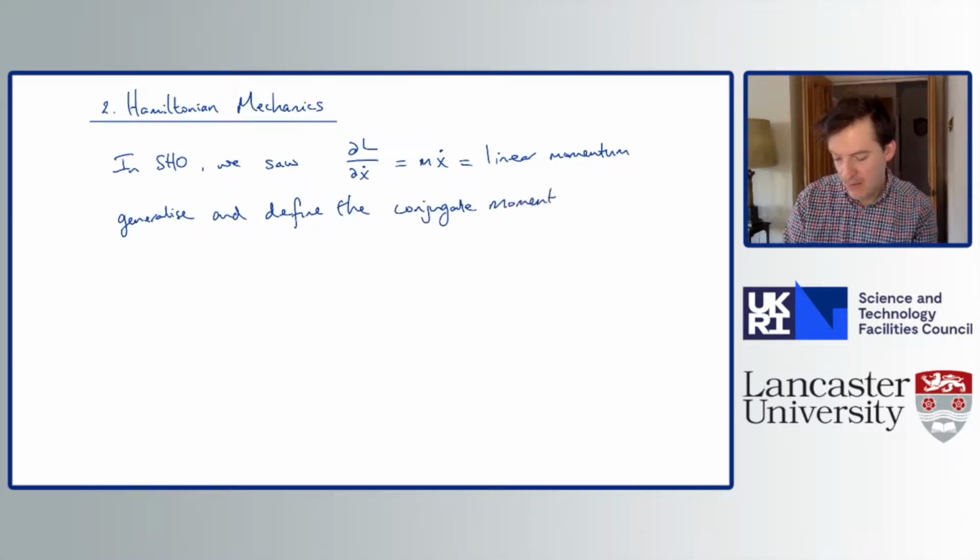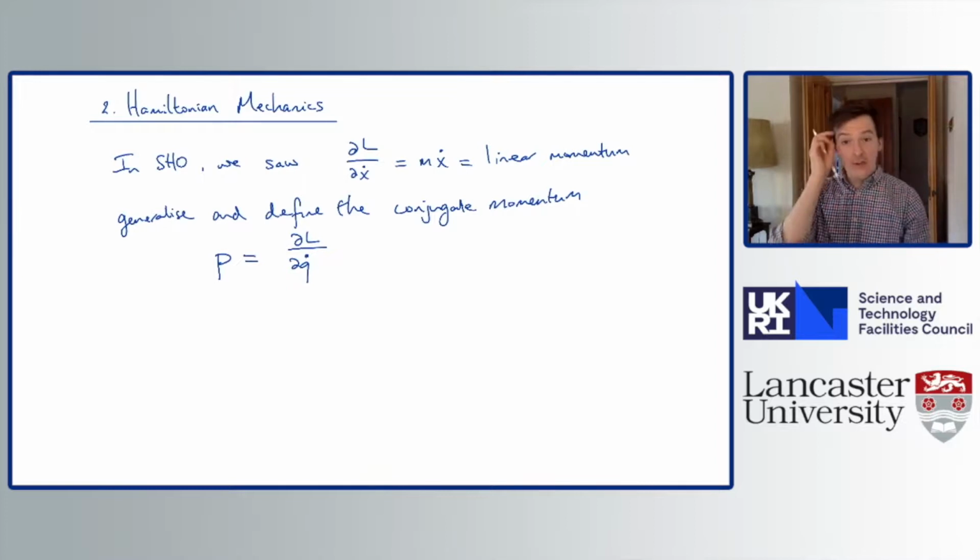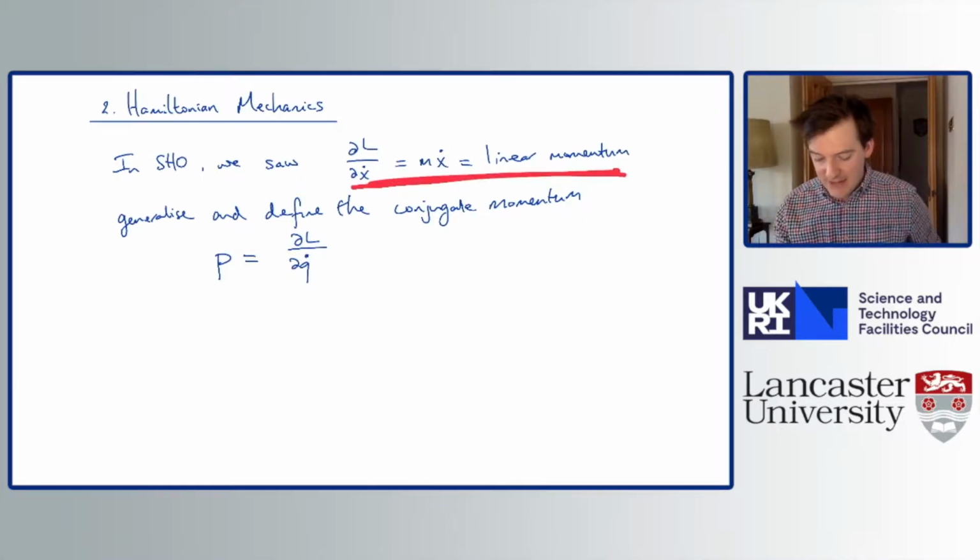The conjugate momentum is given the symbol P for momentum. It's defined to be the partial derivative of L with respect to the time derivative of my generalized coordinate, q dot. In this simple harmonic oscillator example, it gives the linear momentum.